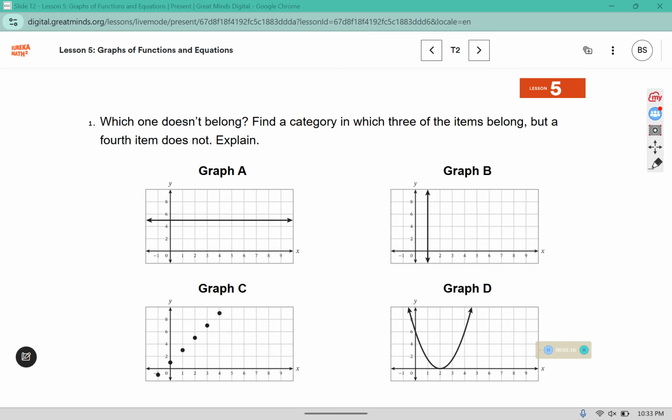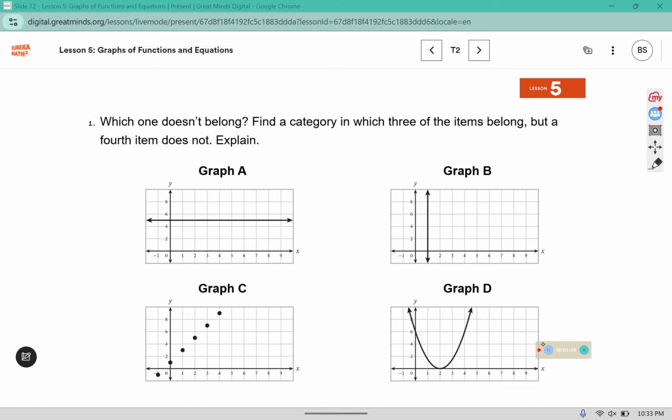Which one does not belong? Find a category in which 3 of the items belong, but a 4th item does not. Explain. Well, you might say that B does not belong because all of them have a y-intercept, except for graph B. You might say graph D does not belong because the rest of them form a straight line, whereas graph D forms a curve.